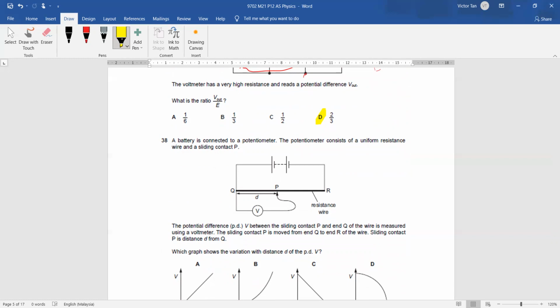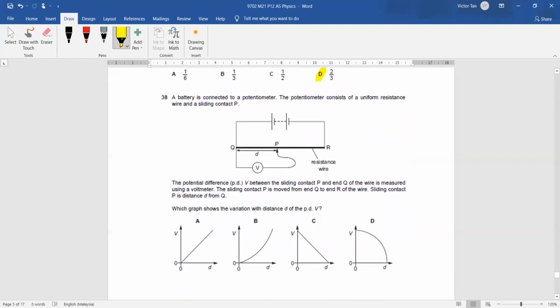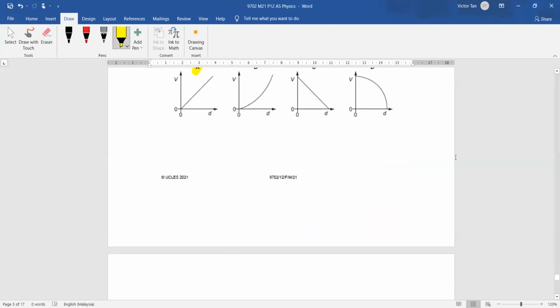Sliding contact P is distance D from Q. This graph shows the variation with distance D of the potential difference V. So the resistance wire will have a linear change in resistance, so there will be a linear change in the potential difference also. Question answer is A.